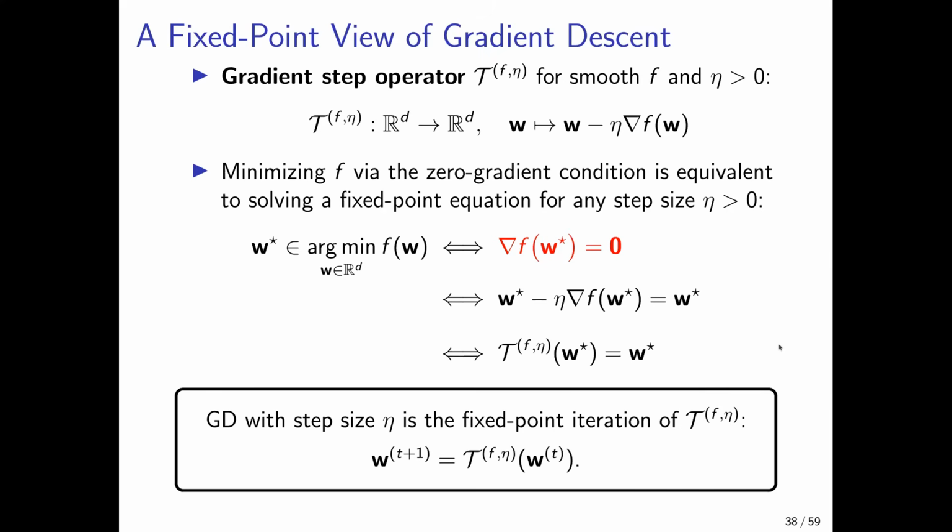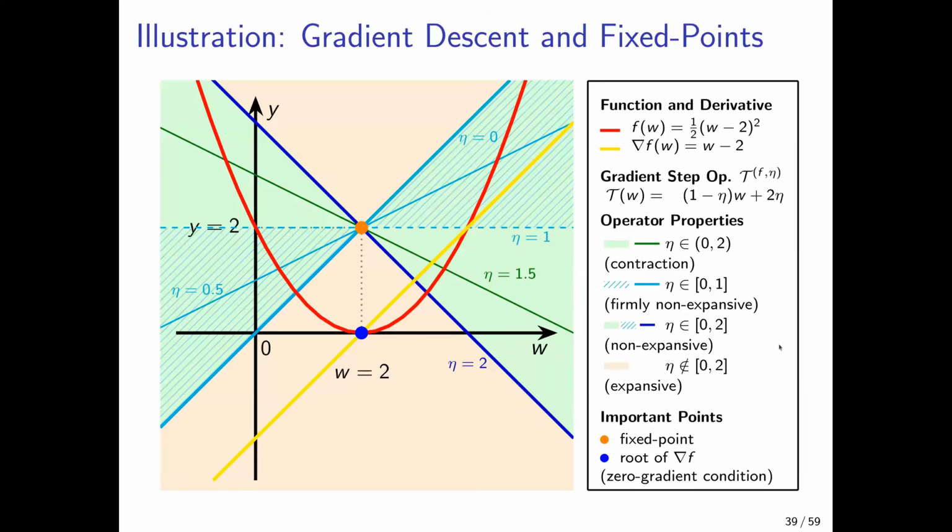If it is a contraction, we can apply Banach's fixed point theorem, and this then guarantees existence and uniqueness of the fixed point, convergence of the fixed point iterations, etc. And let's have a look at this using the following example. So once again, we are building up on what we have seen before.